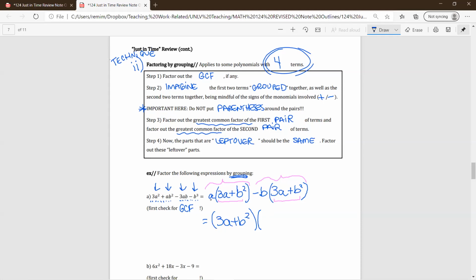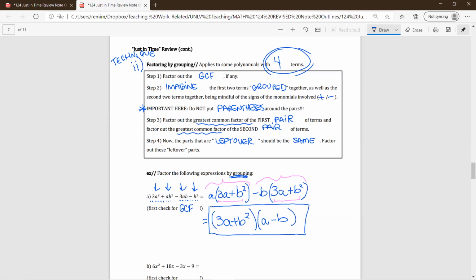Just the a. So I'm going to write a. Then we move on to this part. If we take the 3a plus b squared out of this whole thing, what's going to be left over here? We're going to be left with the minus b. So I'm going to write that down, close it off, and we reached our goal.